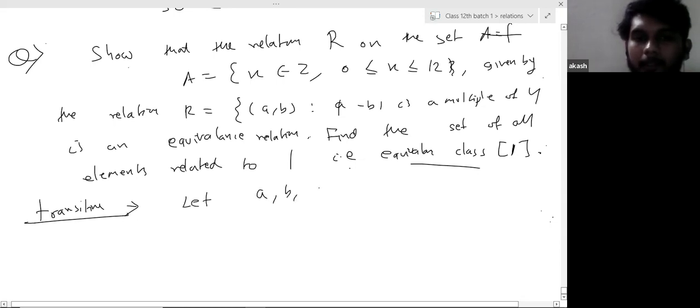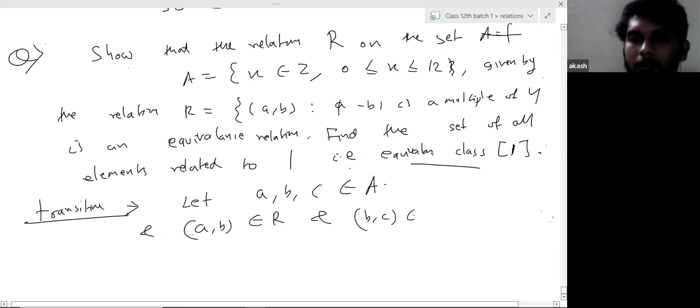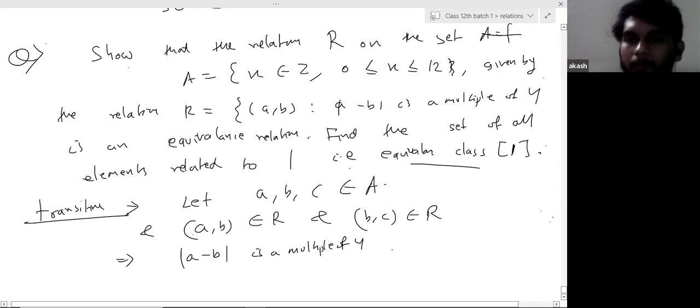Let a, b, and c belong to A. We take three elements from A, and (a, b) belongs to R, and (b, c) also belongs to R. This implies that modulus of a minus b is a multiple of 4, and modulus of b minus c is a multiple of 4.